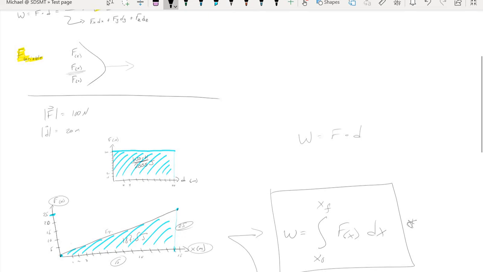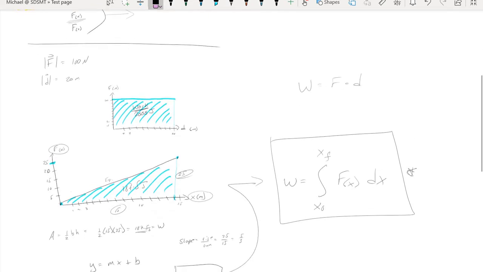If it's a force that varies with respect to time, well, that's not going to work, and I think you can see why. Because then I would be trying to take the integral of some kind of time-dependent function with respect to a variable that is not time. That's not going to work.